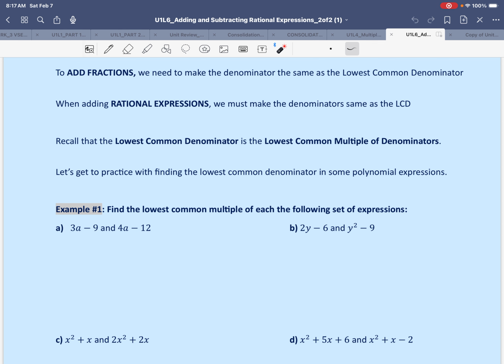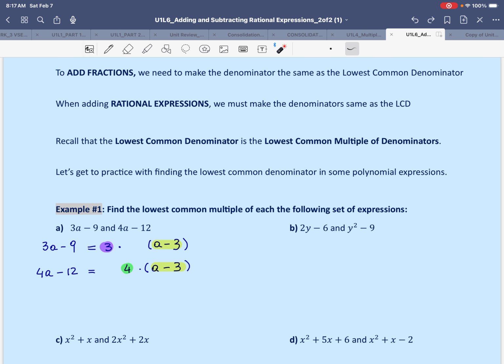So step number 1, we would list both of them one after the other, and we will write the factored form of it. So 3a minus 9 is 3 times a minus 3. Then right below it, I'm going to list the next polynomial expression, and we see that 4a minus 12 is 4 times a minus 3 in factored form.